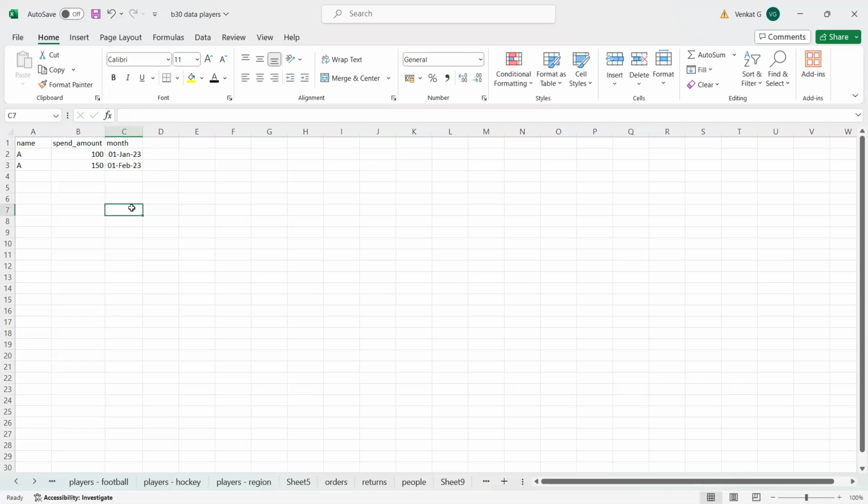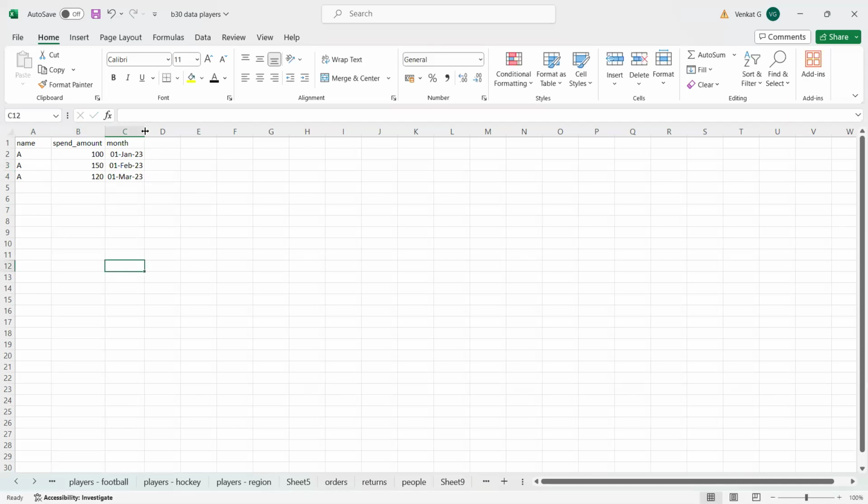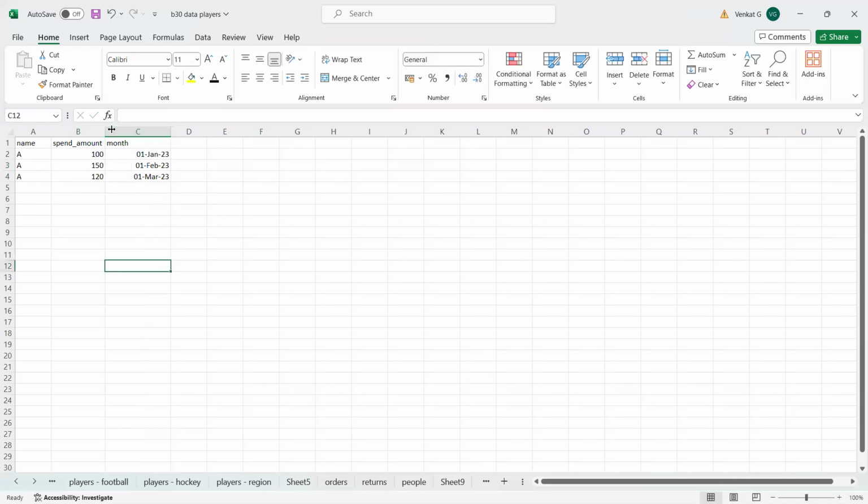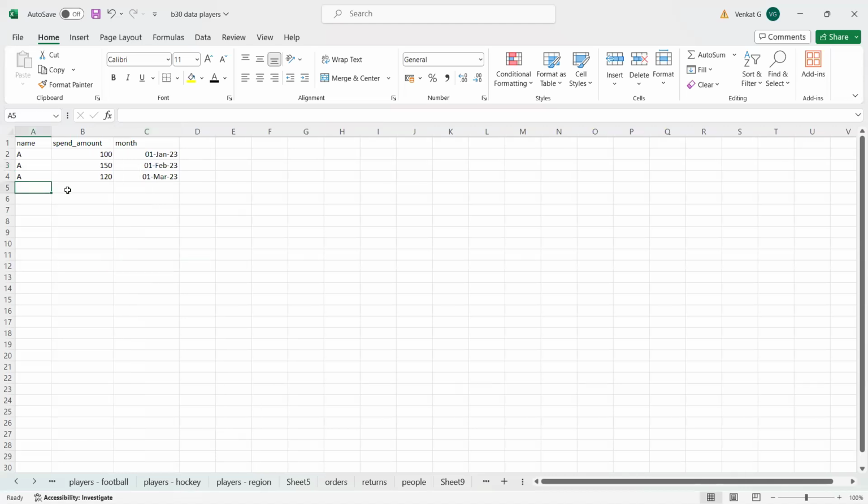And assume the same person spent 120 rupees in March month. Just try to understand the data, that's the reason I'm taking sample data here. Assume that we have data for this person in so many rows.